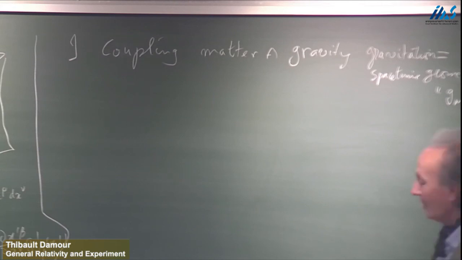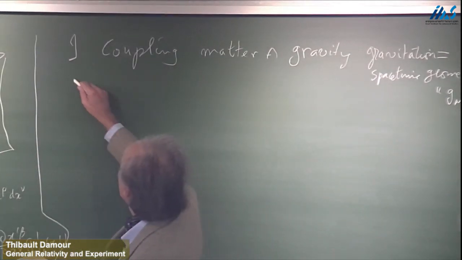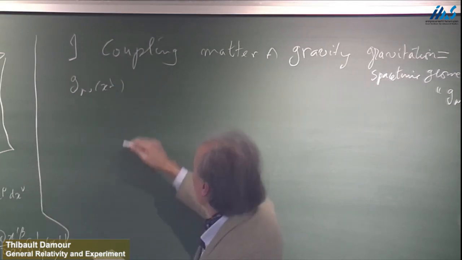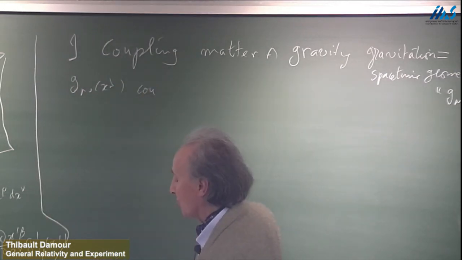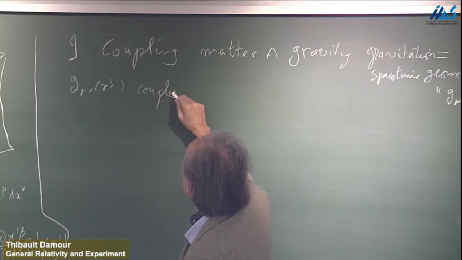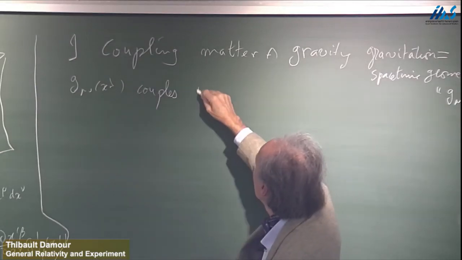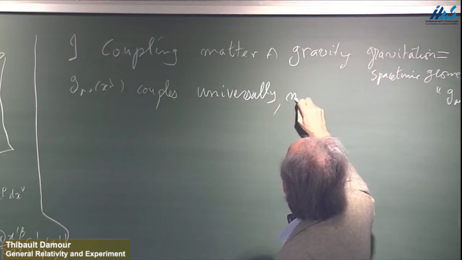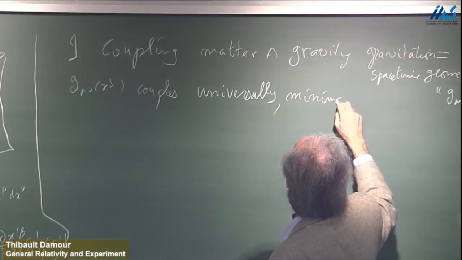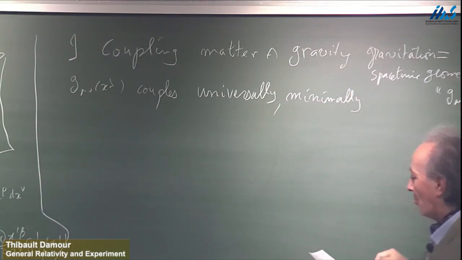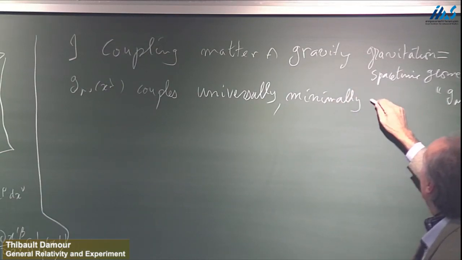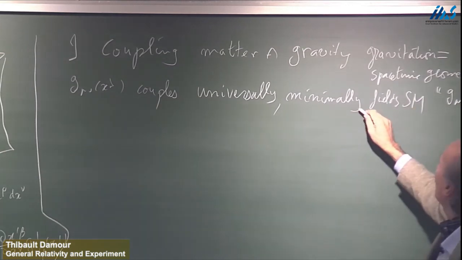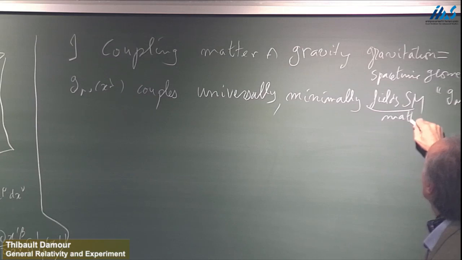Okay. And now, the first postulate is defined by the phrase that this thing will couple, so it's also called the equivalence principle, but let's define it more precisely: couples universally and minimally to all the fields of the standard model, which means for me matter, but in a concrete sense.